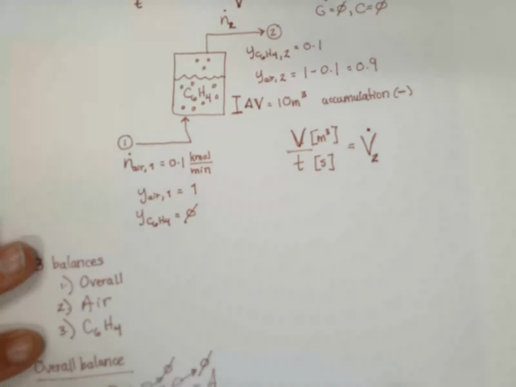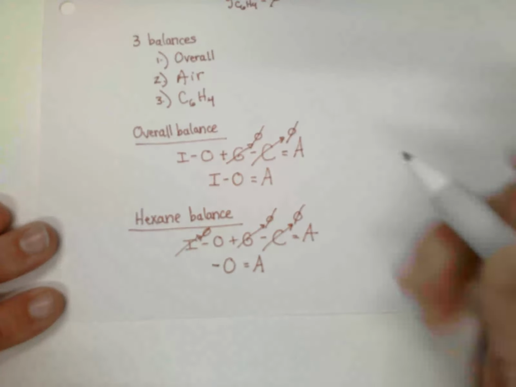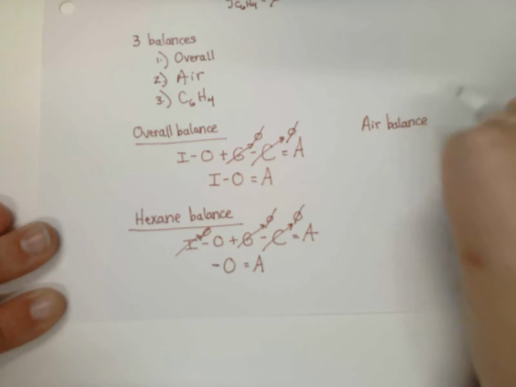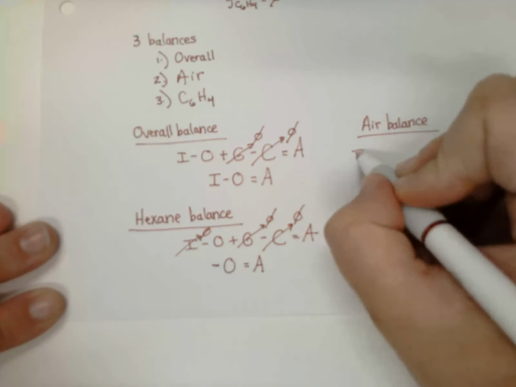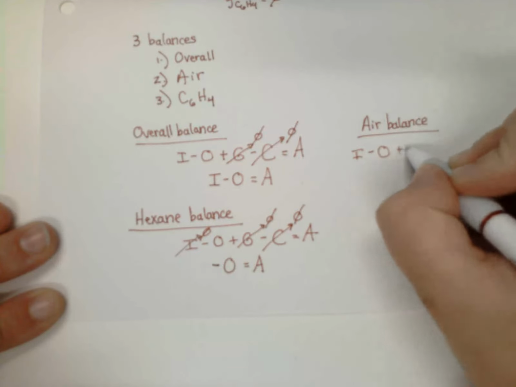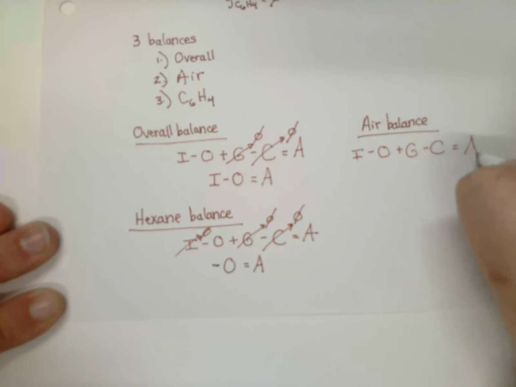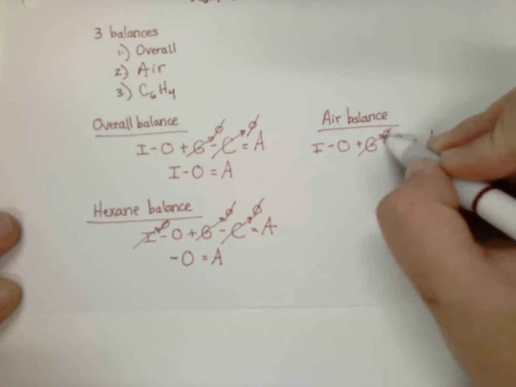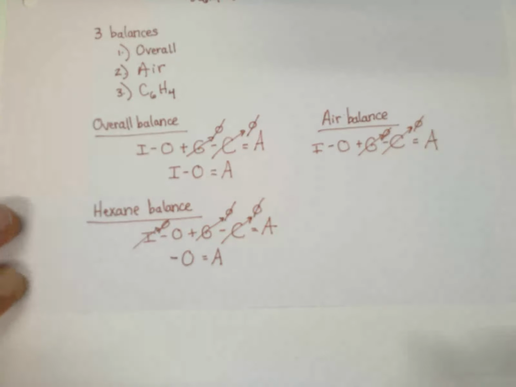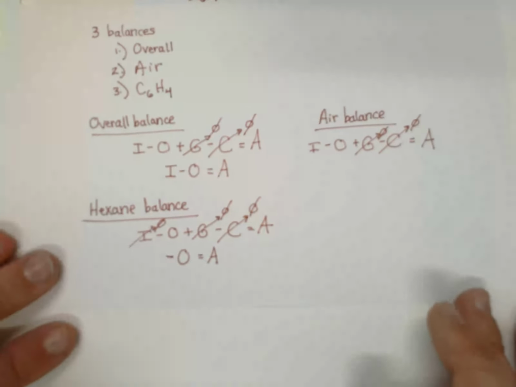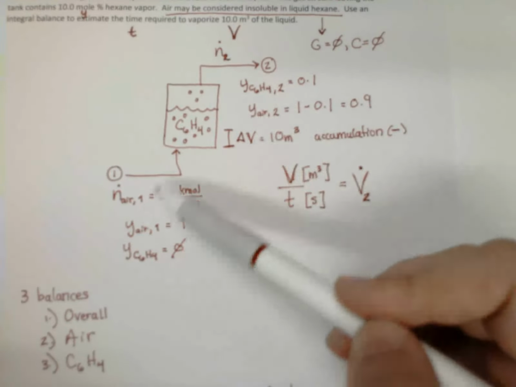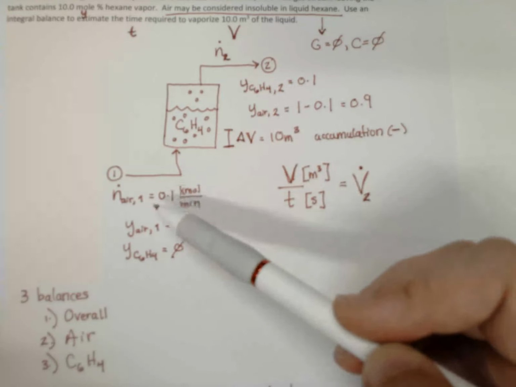All right, last one is to do a balance on air. So start with the same thing. Input minus output plus generation minus consumption equals accumulation. Air is still insoluble in hexane, so let's get rid of generation, let's get rid of consumption. Can we get rid of accumulation in this particular instance? Well, if we look at just the air component of this system, air itself is actually in steady state.